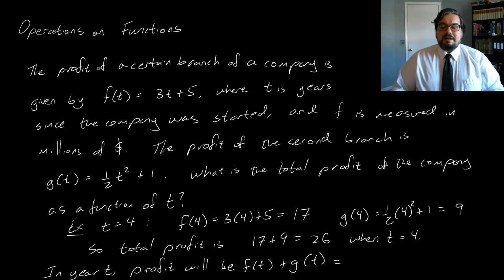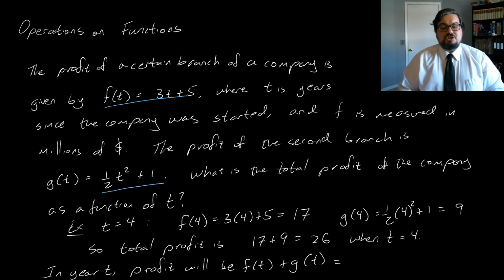Now, we can also write this a different way. We know that for any value of t, f of t is 3t plus 5, and g of t is 1/2 t squared plus 1. So instead of writing f of t plus g of t, we could write 3t plus 5 plus 1/2 t squared plus 1. And, of course, we can simplify this a little bit.